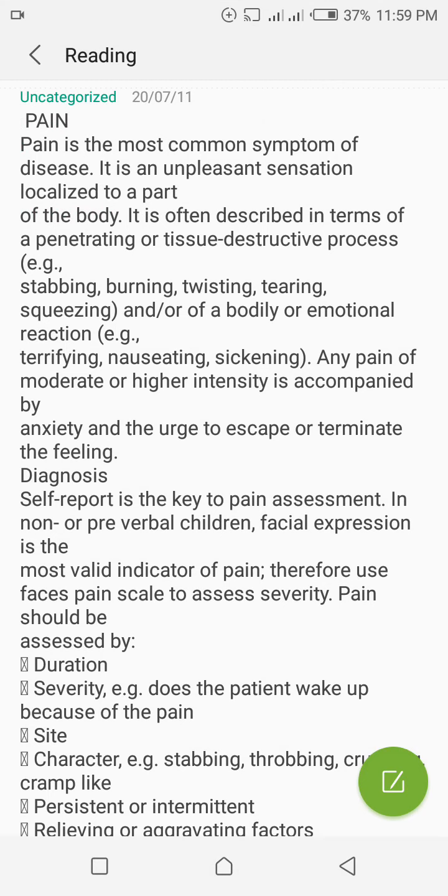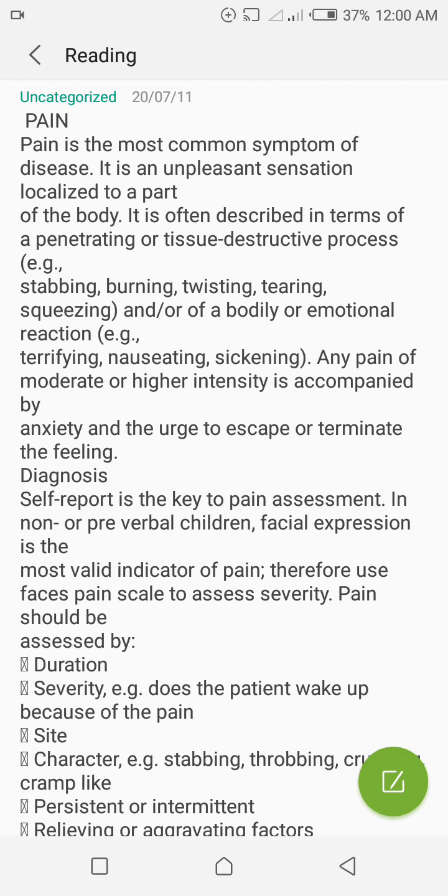So simply, today we are going to share about pain. Pain is the most common symptom of a disease, or a symptom underlying a disease. It is an unpleasant sensation localized to a part of the body, say on your limb or in your abdominal region.